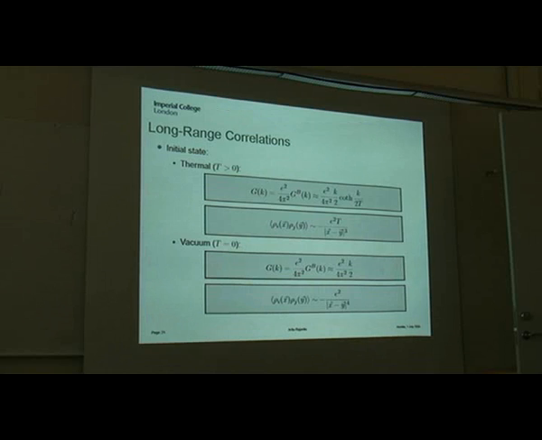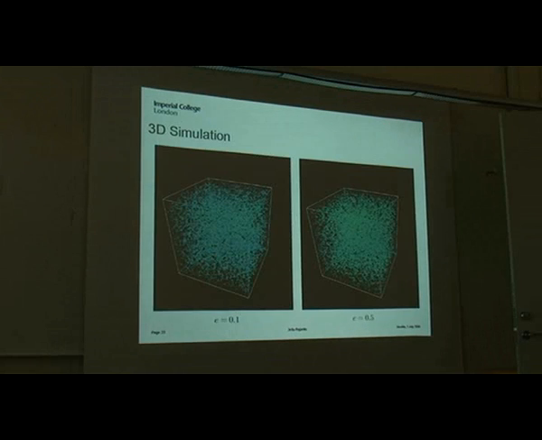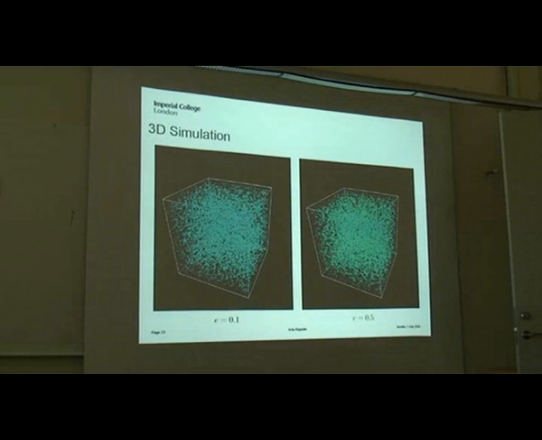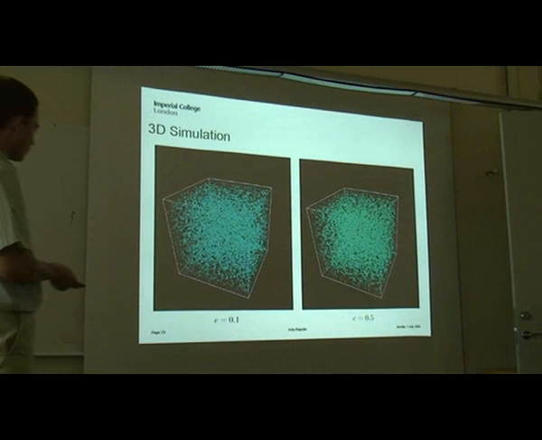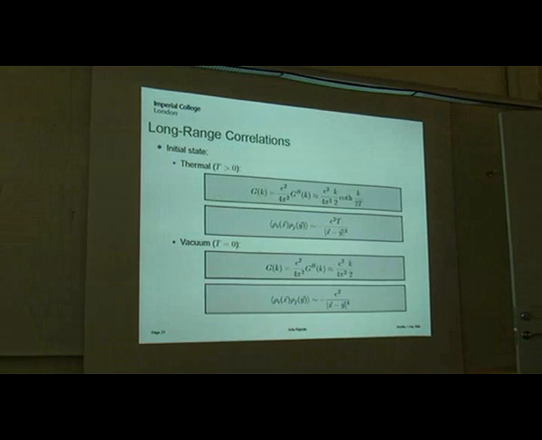So the prediction here is that you get long range, in principle infinite range, correlations, and one can try to search for those in the simulations. What I want to do is to do simulations with different couplings, because the amplitude of this correlator goes like e squared.